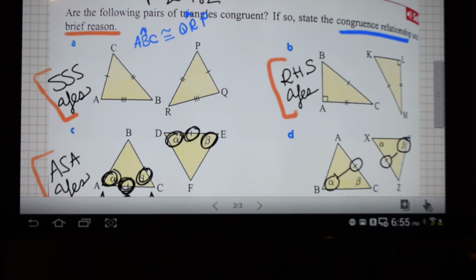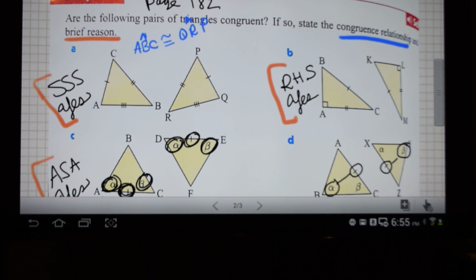Let's work on B, congruency statement. So CAB or BAC is not the same thing? Again, when you do the first triangle, it doesn't have to be in alphabetical order, but it can be. You can put it in any random order that you want. So I'm going to do BAC is congruent to. Let's look at angle B. What angle corresponds to B?